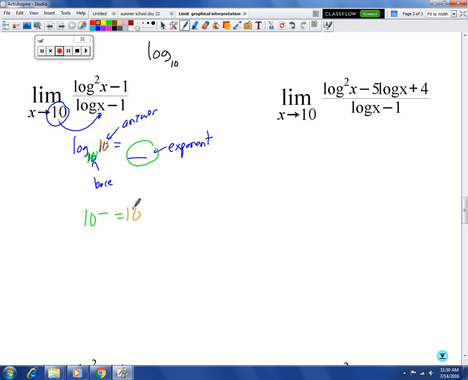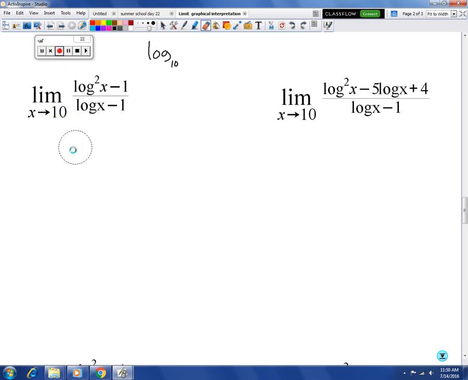Well, what exponent would make that work? That'd be 1. So long story short, log of 10, that's a 1. Then we have a subtract 1, so again, we get a 0 in the denominator. Okay? Alright, 0 in the denominator.